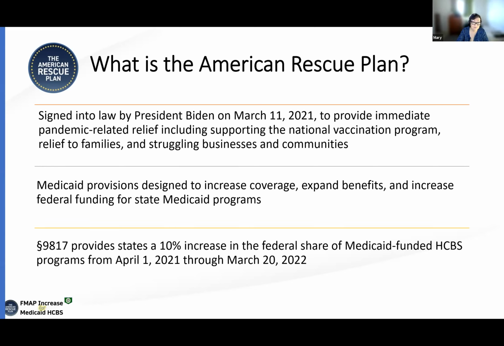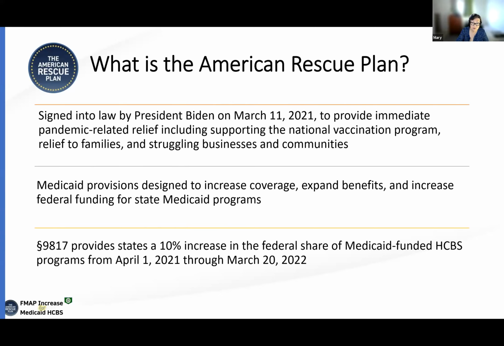There are Medicaid provisions in the ARP, and those are designed to increase coverage, expand benefits, and increase federal funding for state Medicaid programs. So the ARP has many, many sections, and Section 9817 of the ARP allows states to tailor the enhancements that they want to make to home and community-based service programs.